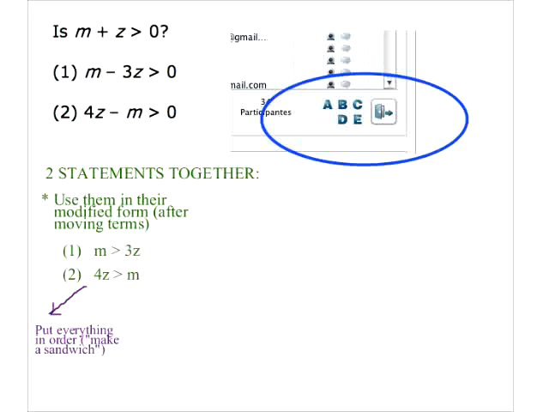Like you have your m, and then from the first one of those inequalities, we know that that's greater than 3z. But then from the other one, we know that it's also less than 4z. So what's the point here? When we do this, are we discovering anything that we don't already know?